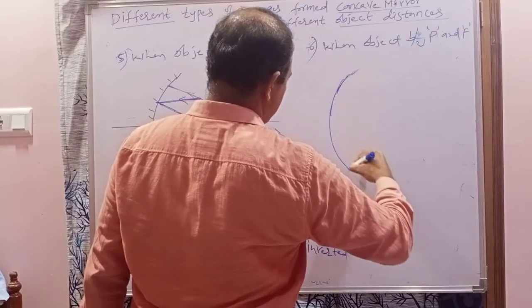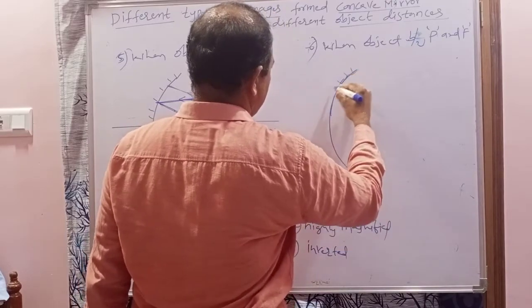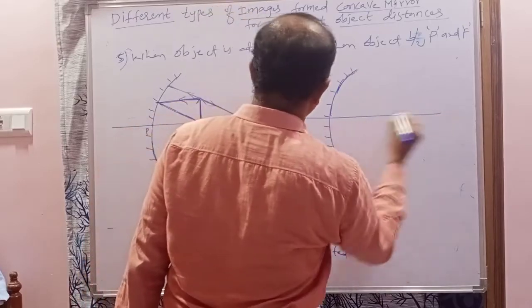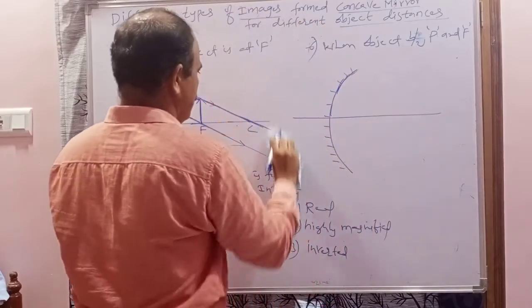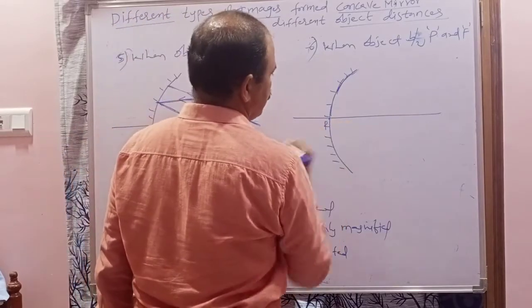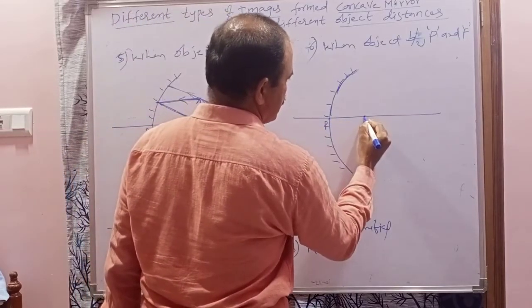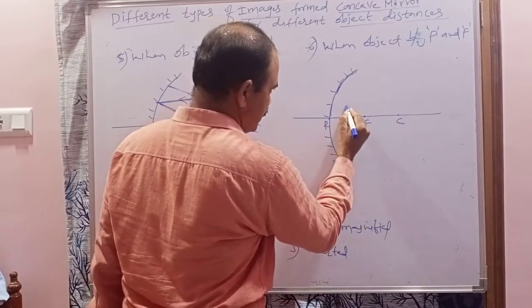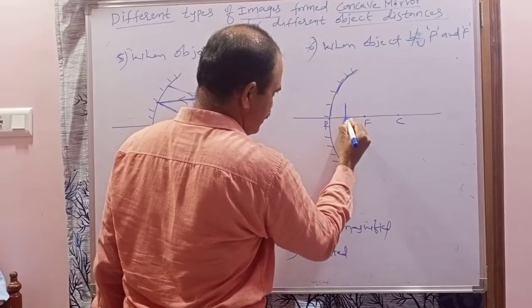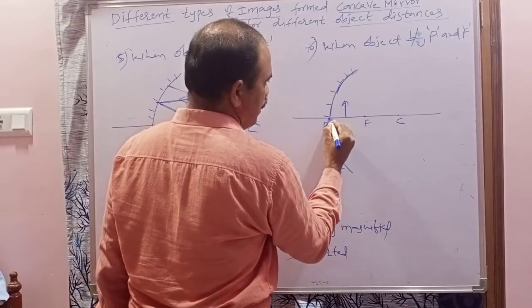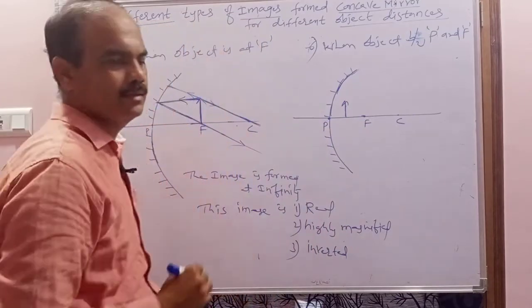Now consider this is a concave mirror. This is the pole of the mirror. Let us consider this is the focus and this is the center of curvature. Now where is the object? The object is between pole and focus.